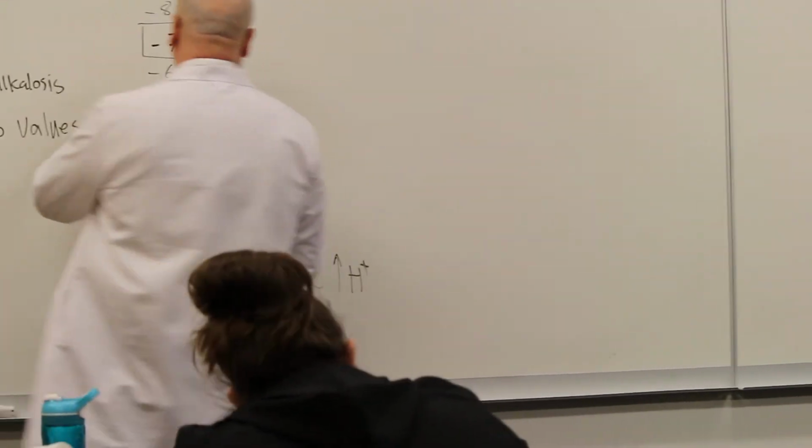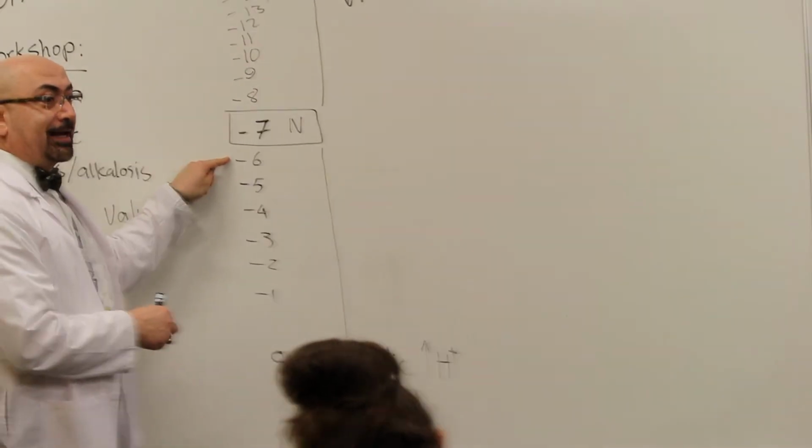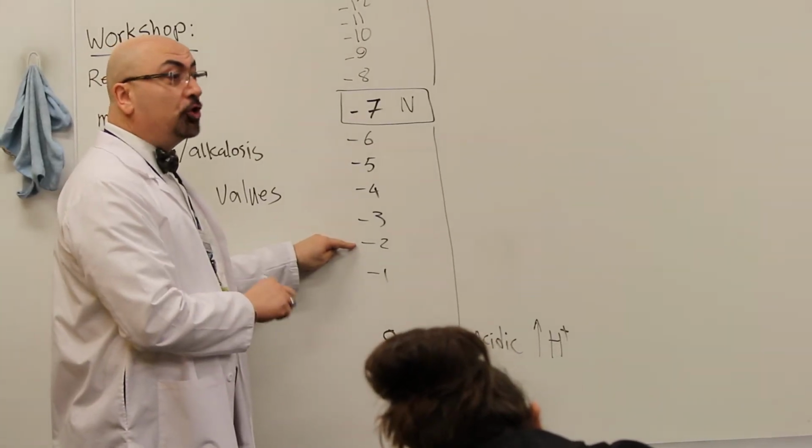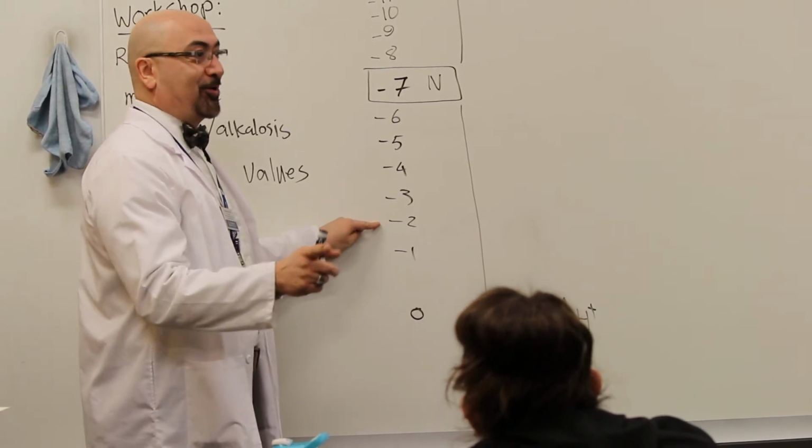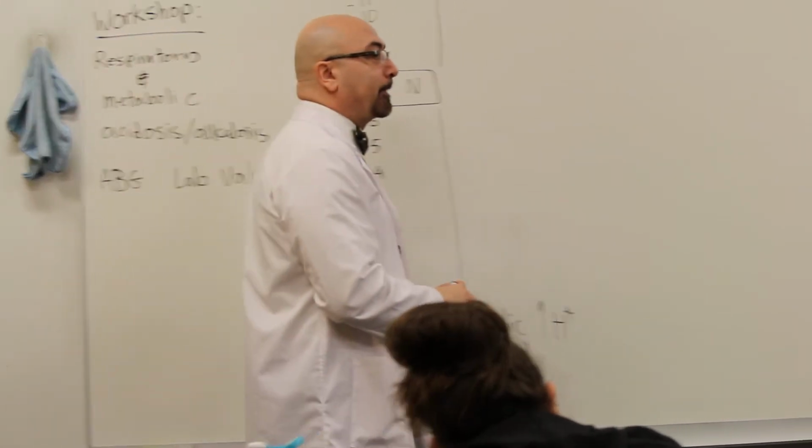I'll repeat again. The greater the concentration of hydrogen ion in a solution, the greater the strength of that acid. So if you have 2 acidic solutions with pH of 6 versus pH of 2, which one is stronger acid? 2. There you go. Okay?